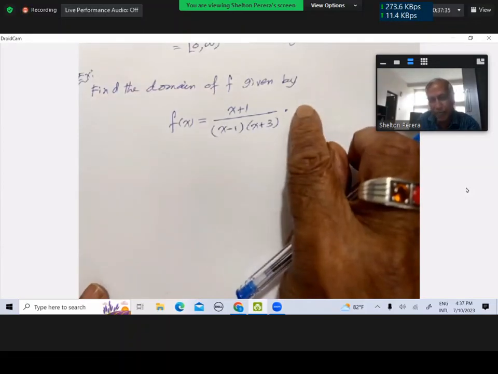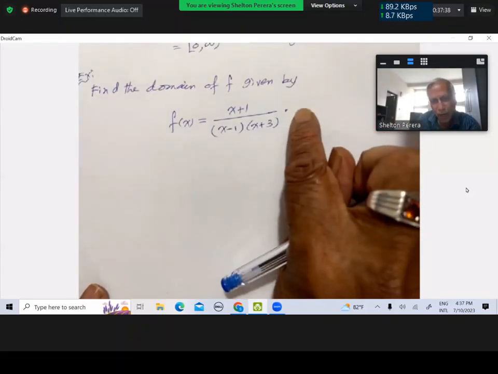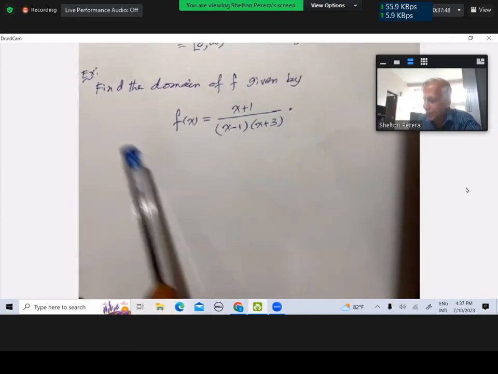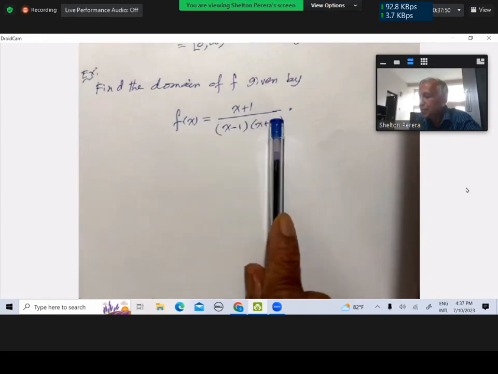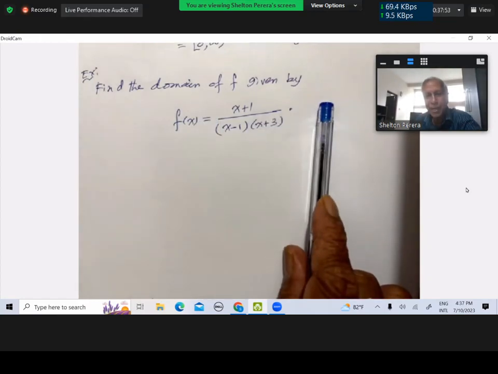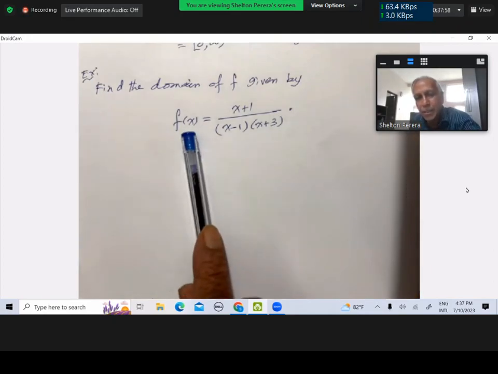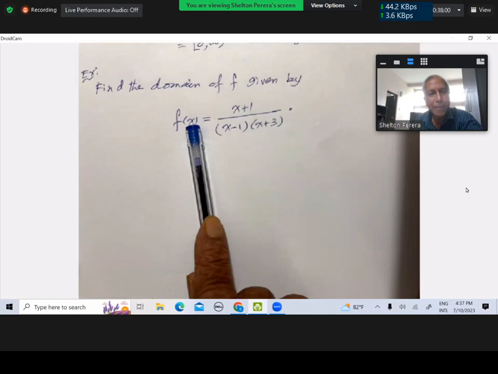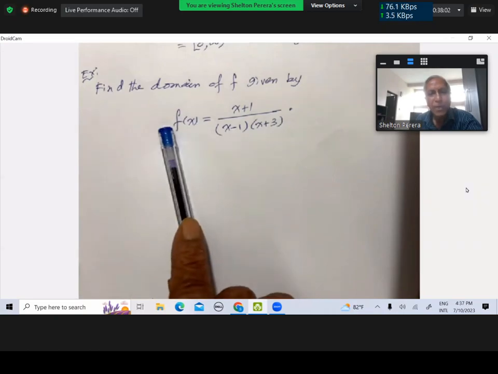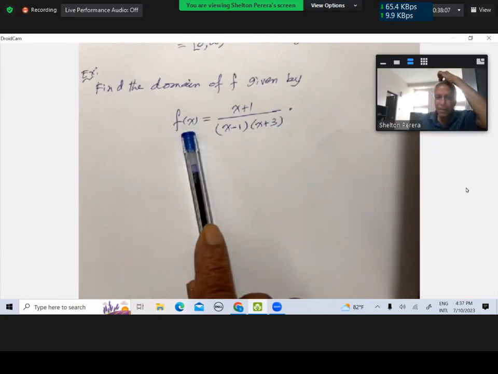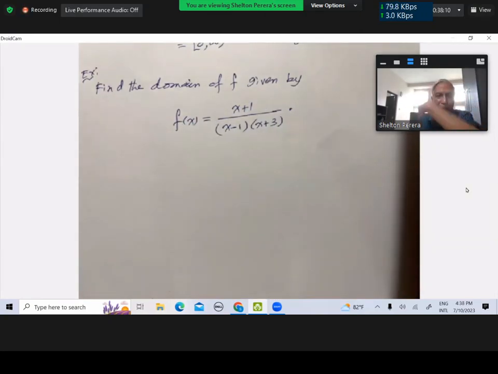If they have said x belongs to some set here, then of course we don't have to worry. That is the domain. But as we said, in many situations only the rule is given, not the domain. In such cases, we take the domain to be the largest set of real numbers for which the rule makes sense, meaning when you input a real number, you get the output also as a real number.